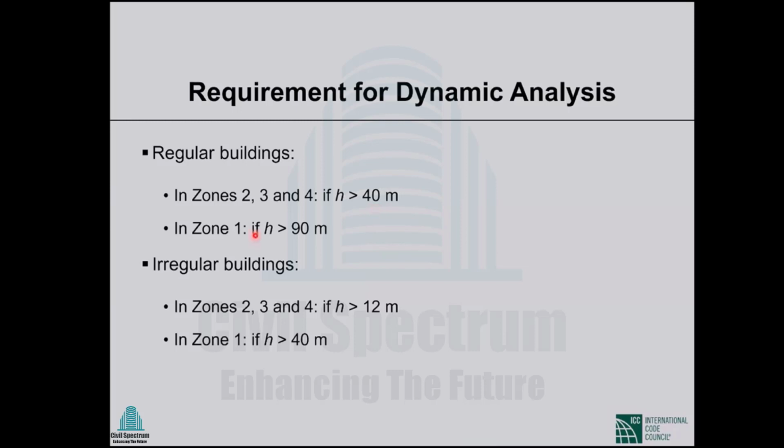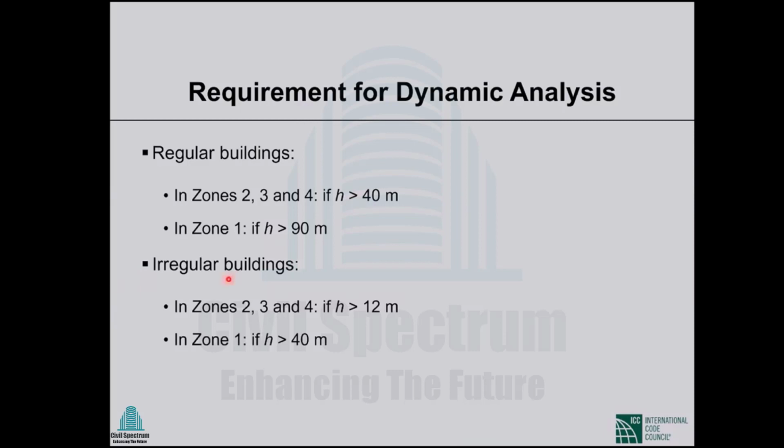In zone 1, the limit is 90 meters, like 30-story or above. So you see in Dhaka, Chittagong, Sylhet, for a regular building, if there are no irregularities, only in that case, if the height of the building is less than 40 meters, then you can use the equivalent static method. Otherwise, you have to use the dynamic analysis method.